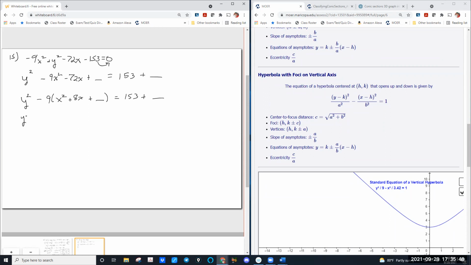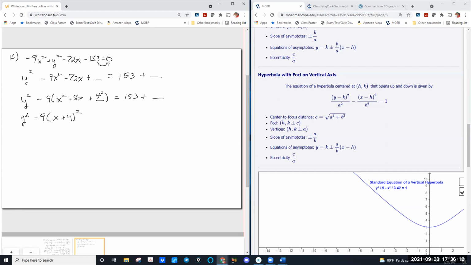Now this next step should look just like what we did last time. The y squared, -9 times x... what number goes here? Well, we have +8 here. Divide that coefficient by 2. So +4 squared. What number goes here? 4 squared. For notes purposes, I'll put 4 squared there.